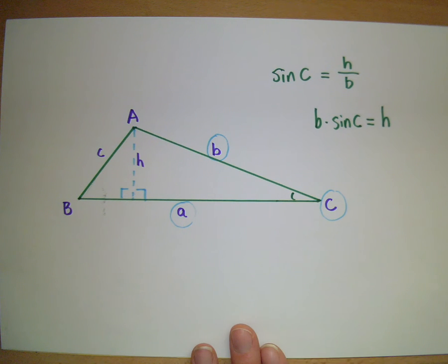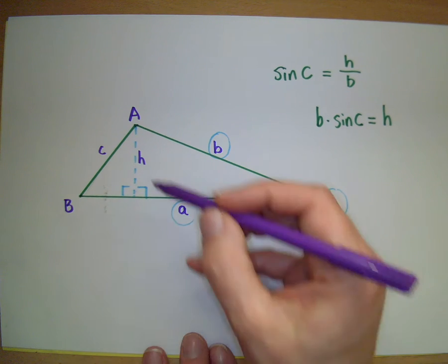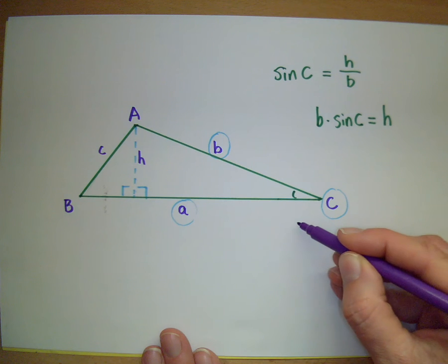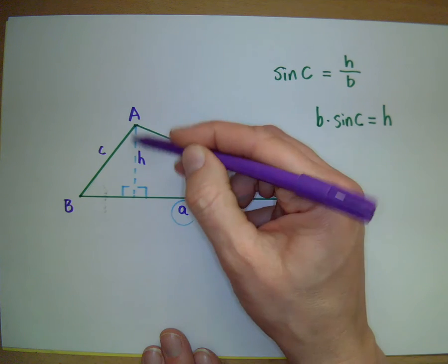And like we just reviewed, the area of a triangle is 1/2 times base times the perpendicular height.